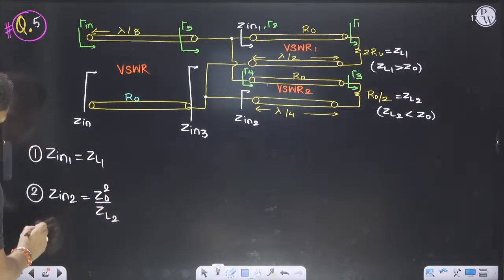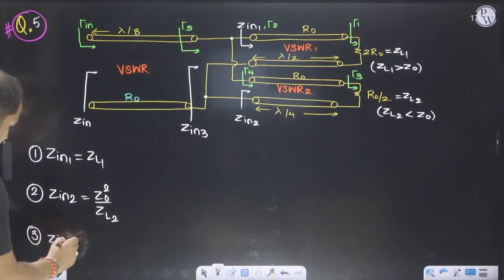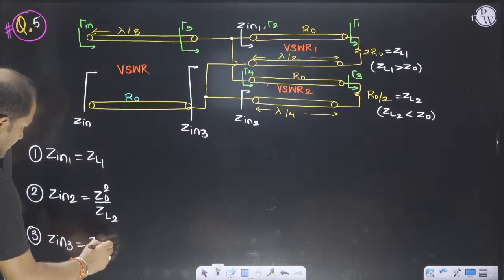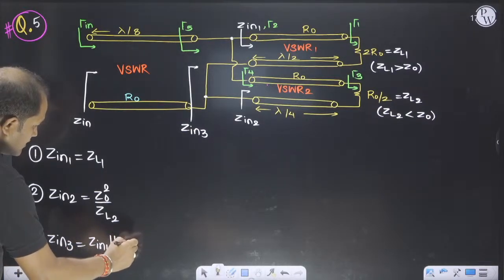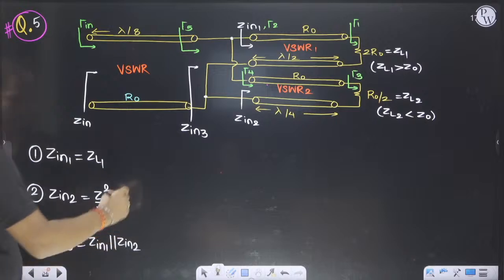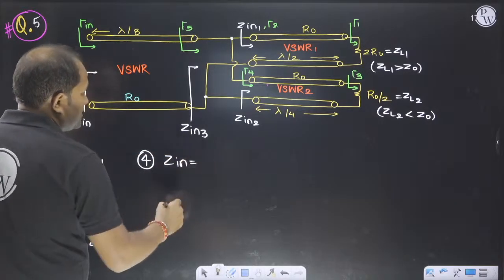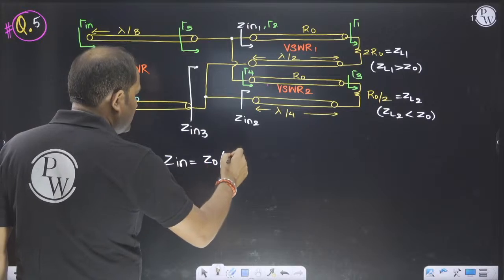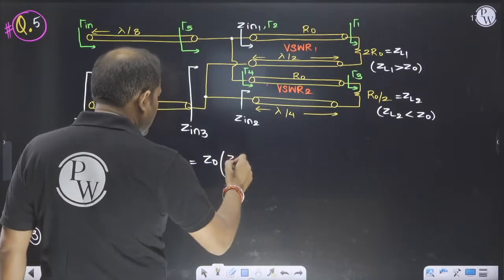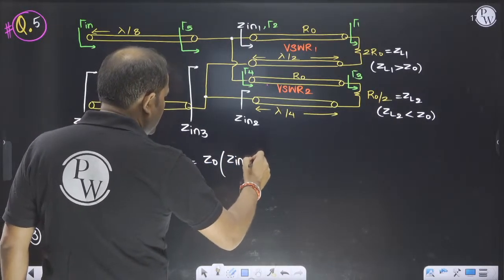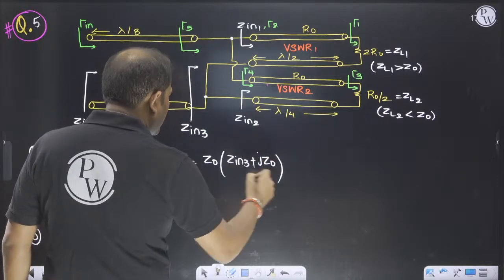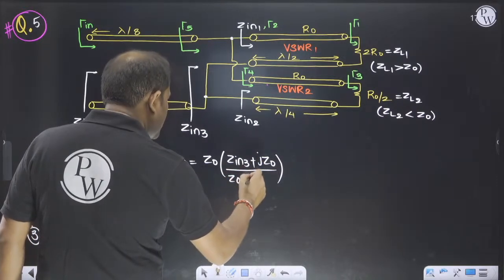Then we have Z in 3, which is Z in 1 parallel Z in 2. This is the parallel condition. Then fourth, Z in, which is Z0 times (Z in 3 plus jZ0) divided by (Z0 plus jZ in 3).